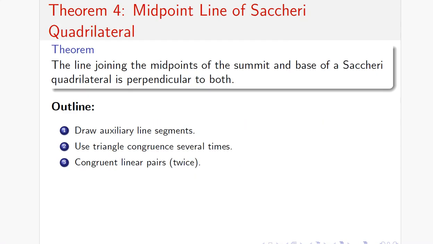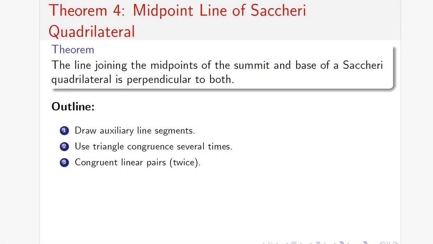Now we're going to talk about the midpoint line of a Saccheri quadrilateral. We're going to have to use triangle congruence several times, and you'll see why when we get it drawn out. It's a bit of a tangled mess.